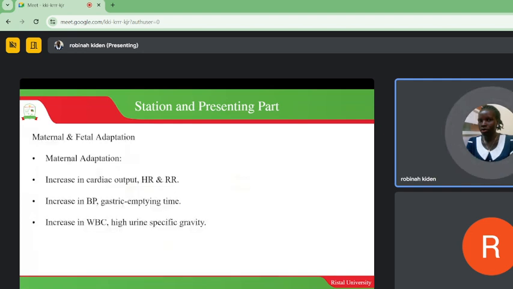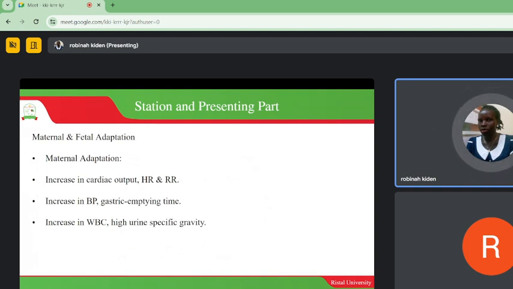So, maternal and fetal adaptation. Let's look at maternal adaptation. There is an increase in cardiac output; the heart rate and the respiratory rates all increase during labor. Then there is also an increase in blood pressure. Gastric emptying time also increases during labor.